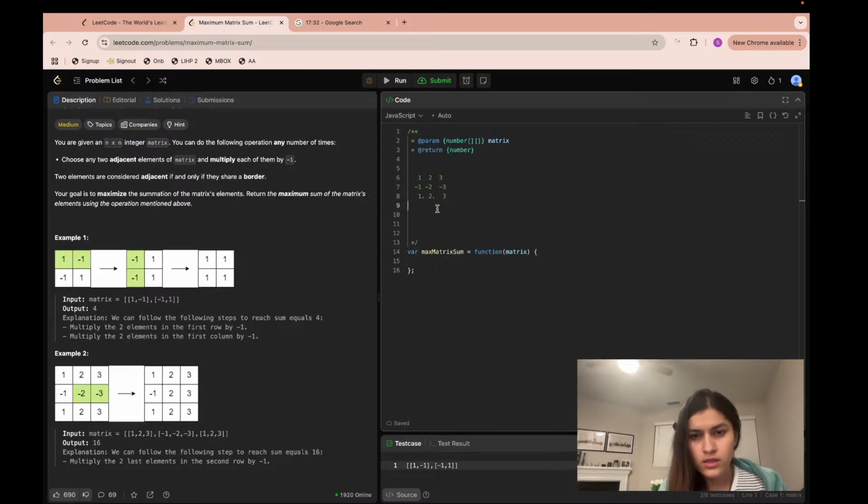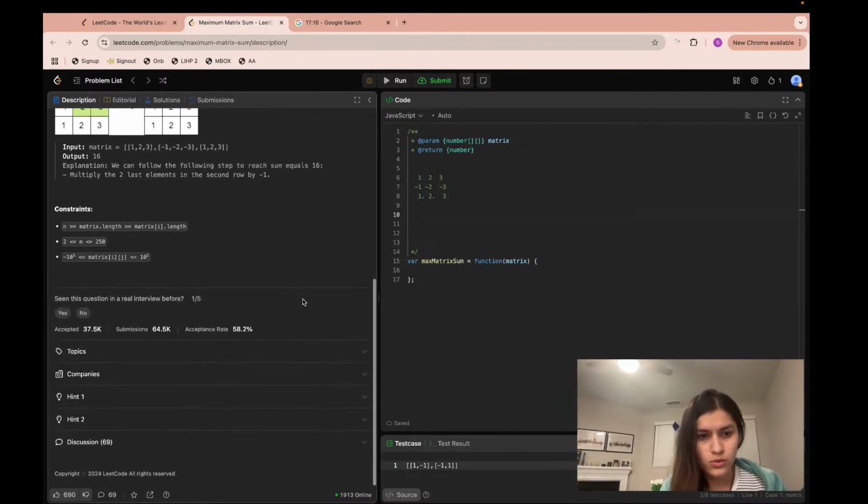Now what? My goal is to maximize the sum. If I sum all the elements of this matrix, the sum should be the maximum, and I think the sum will be maximum if it is positive.